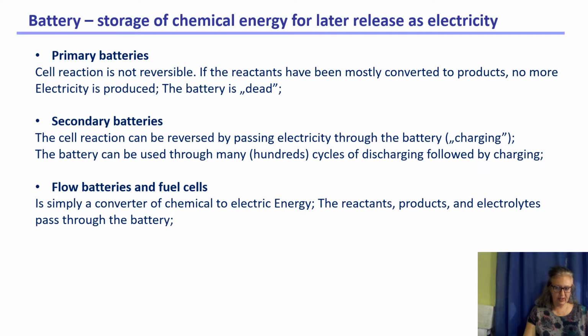The battery consists of two electrodes called a cathode and anode in the electrolyte, if a battery consists of a single voltaic cell, as in a flashlight, for example.